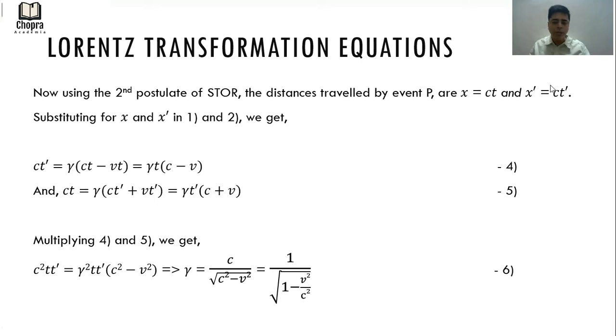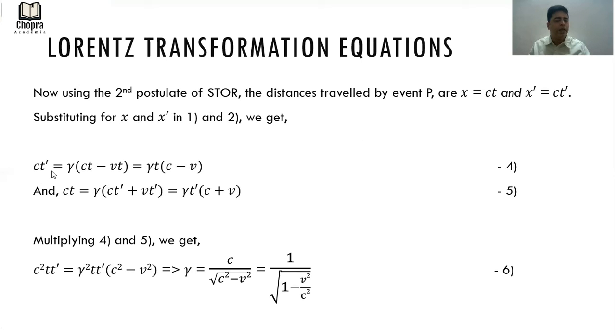Substituting for x and x' in 1 and 2, these values I am substituting back in equations 1 and 2. So I get ct' is equal to gamma (ct minus vt), which can also be written as gamma t times (c minus v), equation number 4. And ct, from the equation 2, I can write x to be ct.